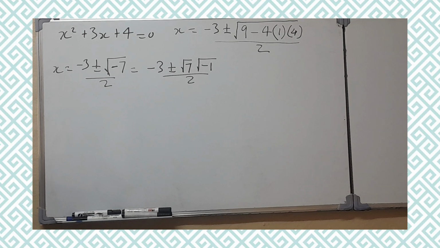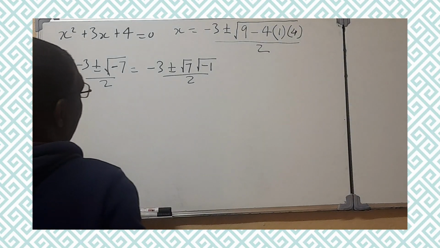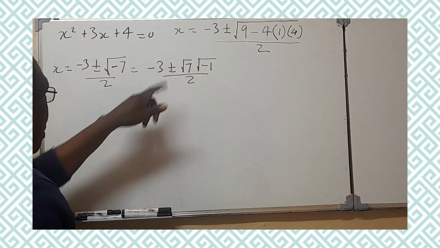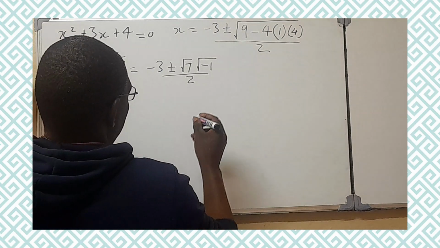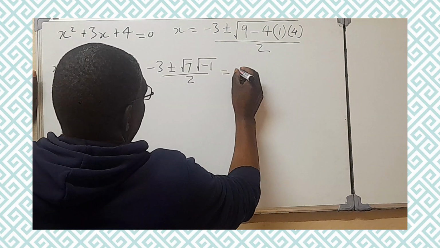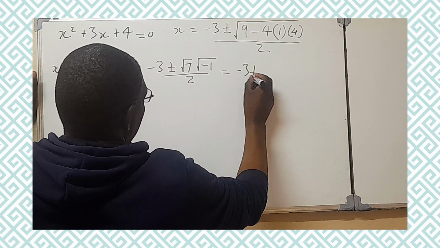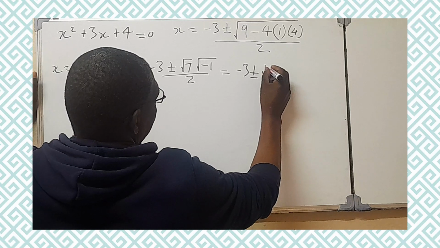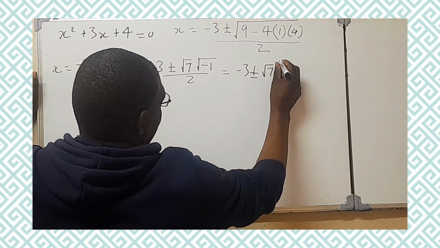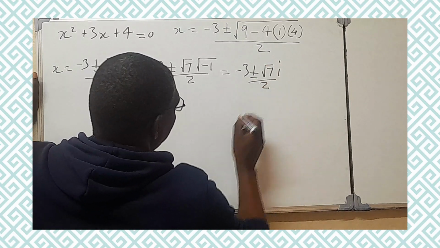It is an imaginary number, and that imaginary number is denoted by the symbol i. So we can write the solutions here. There are two, because there's a plus and a minus there. Our two solutions will be minus 3 plus or minus the root of 7 i divided by 2.